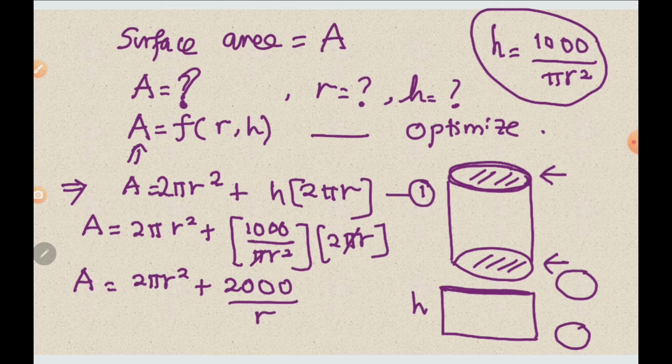Then 2000 over r can be written as 2000 multiplied by r to the power of -1. You have to simplify because after this we will differentiate A with respect to r.